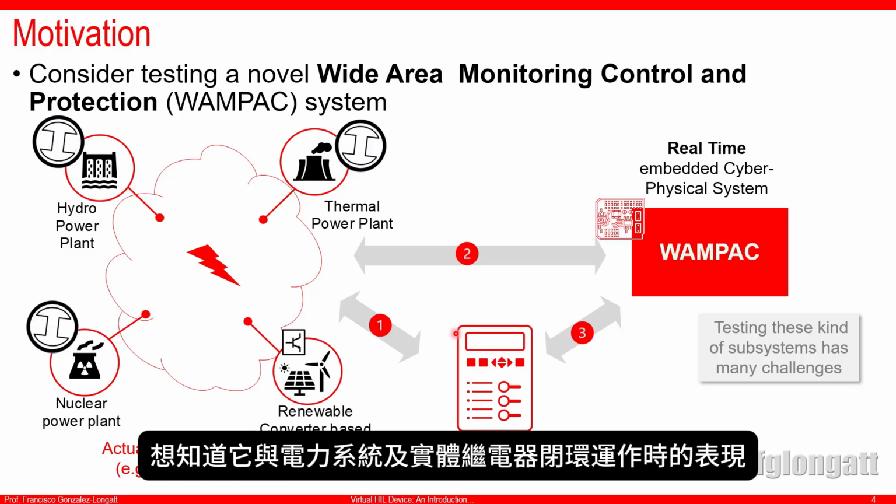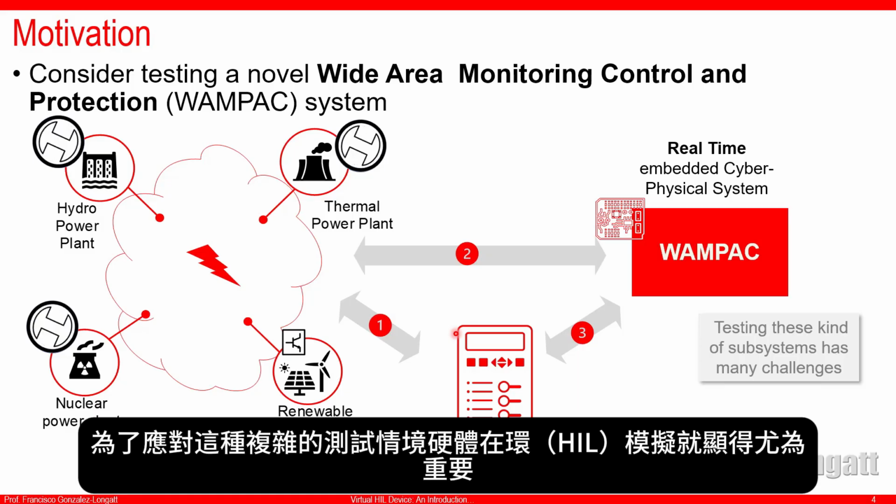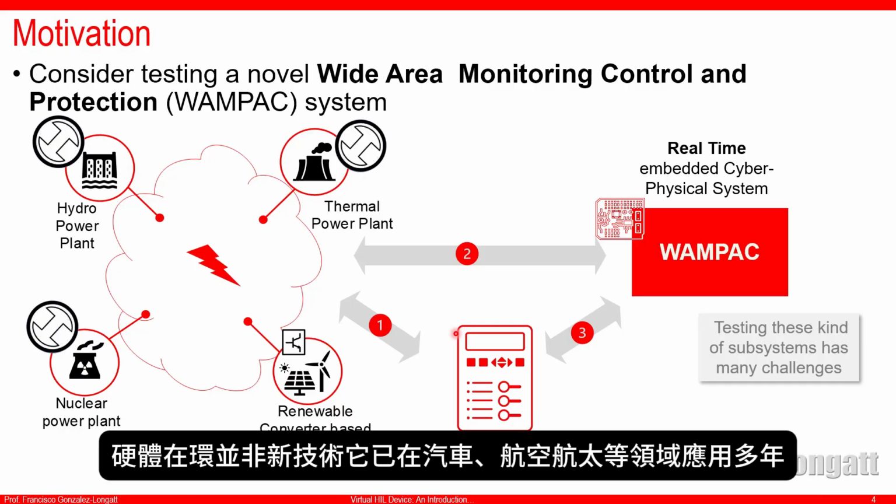And the bad news here is, for instance, if we are talking about early instability detection, that means that if we are interested in testing the WAMPAC, we need to have signals coming from an unstable system in order to prove that our WAMPAC is detecting the situation.